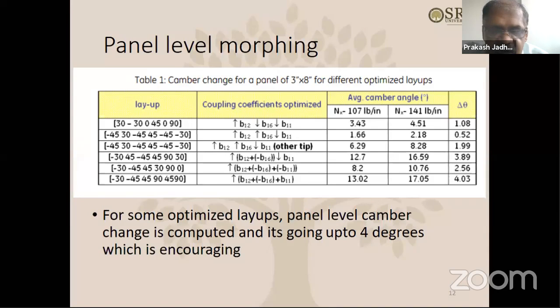Encouraging in the sense that, I don't know whether I mentioned earlier, for getting that 0.2% SFC benefit we have to have at least 8 to 10 degrees of camber. That was the target. But here it is going up to 4 degrees, and we thought that is encouraging. So maybe, we thought, this is only for a 6-ply layup. If we use more plies, we can see if we can get more than 4 degrees. That's what the expectation was.